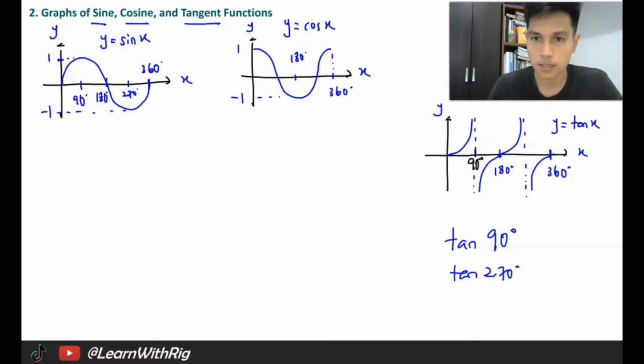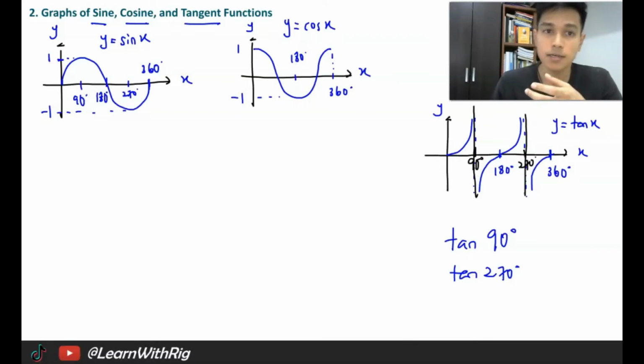At 90 and 270, the graph will never touch the asymptote. So that's why when you key in your calculator, it says math error, because it doesn't exist. Alright, so this is how you draw the tangent graph. This is the basic.